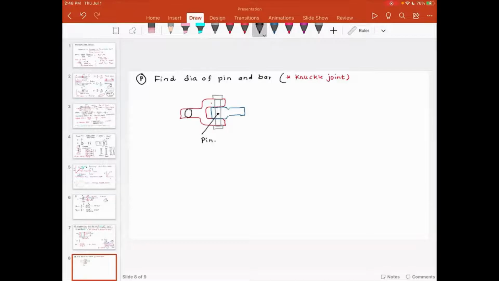And this is a circular rod. This is another circular rod. And the diameter of these two rods is the same. So this is called the eye end.